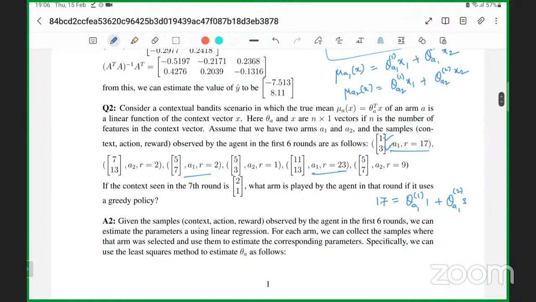So this equation will give you 1, 3 into theta A1 of 1, theta A1 of 2 equal to 17. Similarly, if you take this one, we'll get 5, 7 equal to 2, correct? If you take this one, we'll get 11, 13 equal to 23.